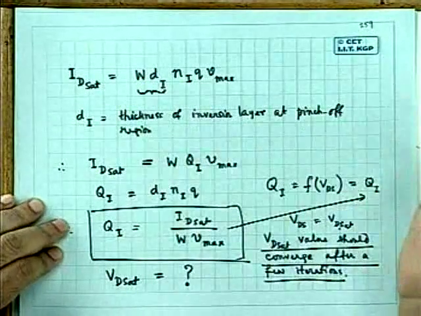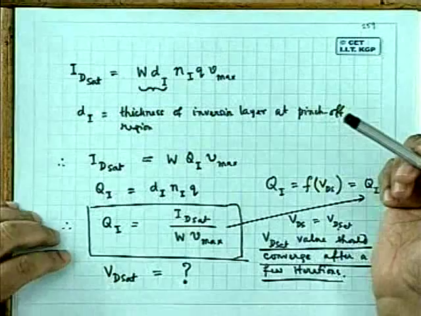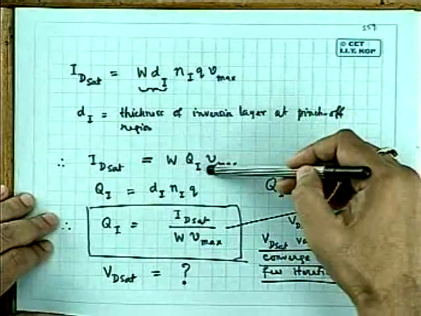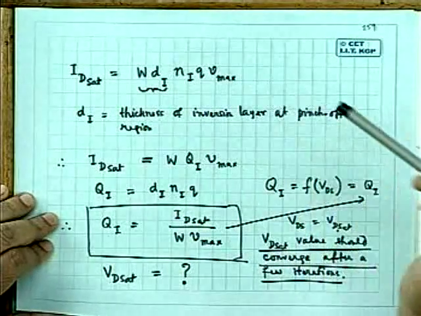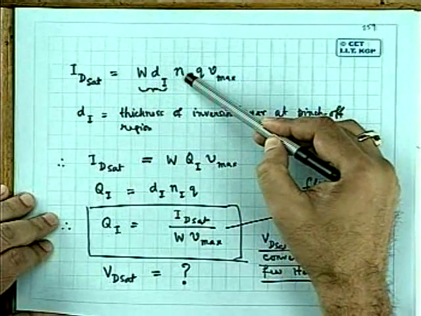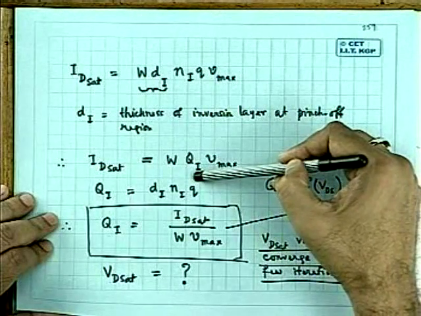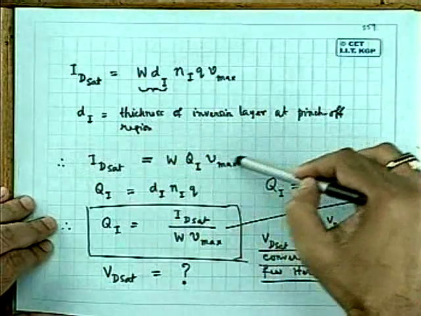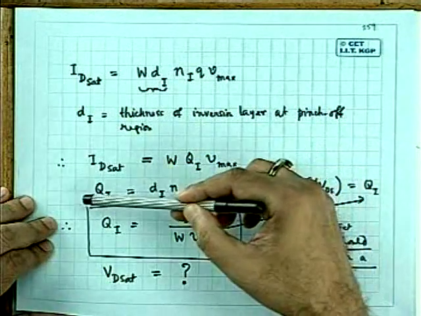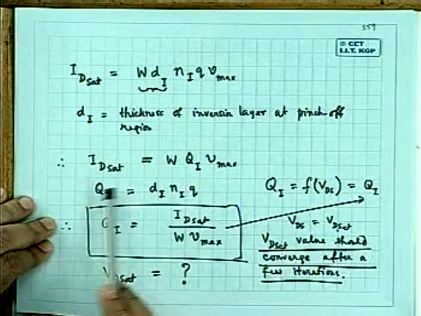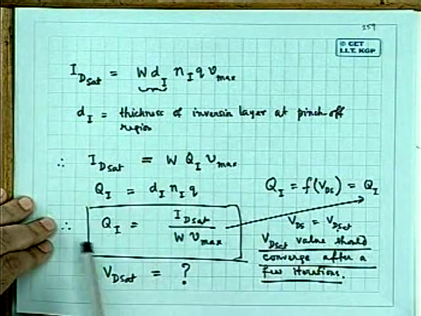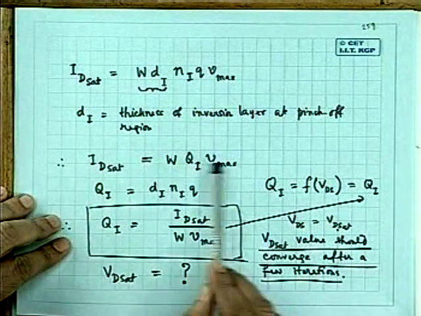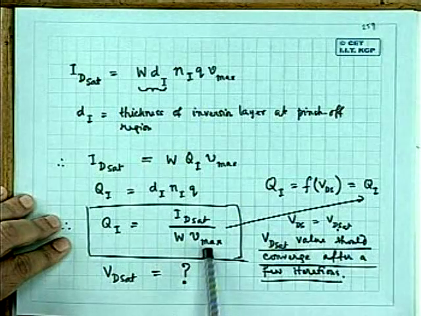Its thickness di is usually larger than the inversion layer thickness which I indicated earlier. Then ID sat can finally be written by combining this. You see that di multiplied by ni is nothing but Qi, the inversion charge at that point. So ID sat is given by this, and ultimately Qi is obtained as ID sat divided by W times Vmax.